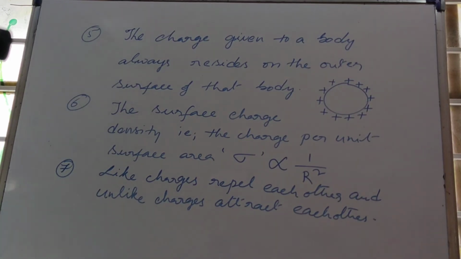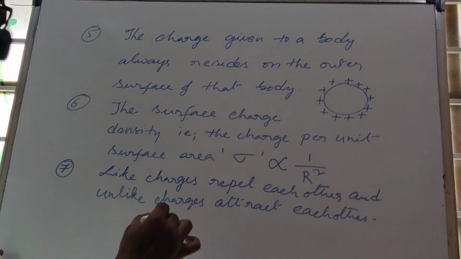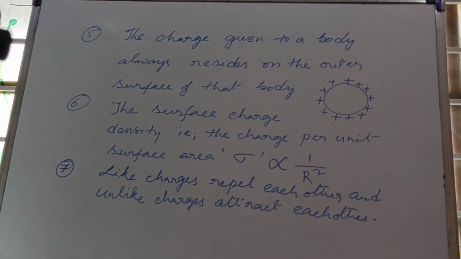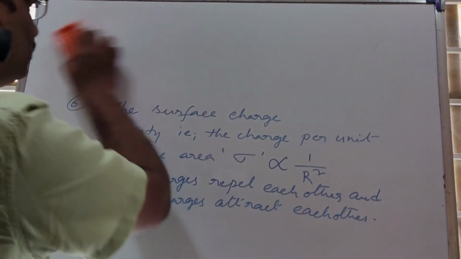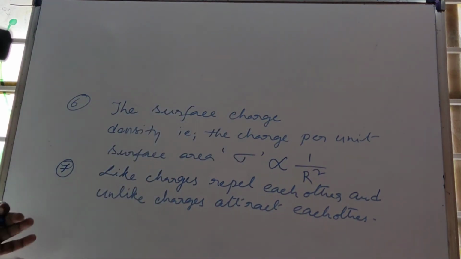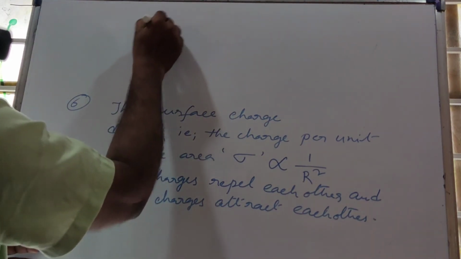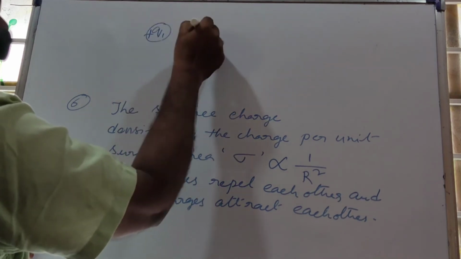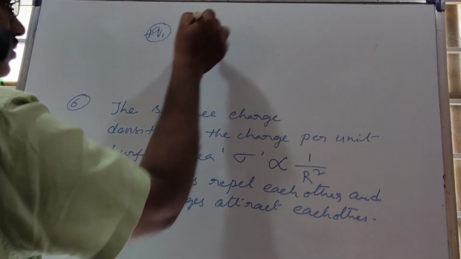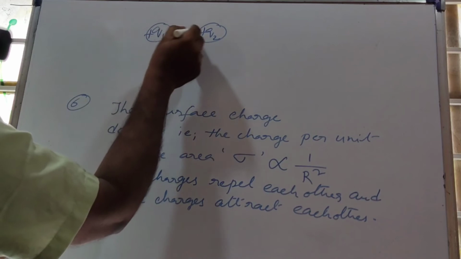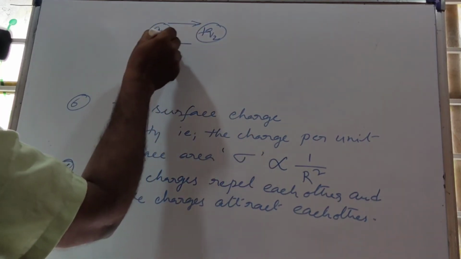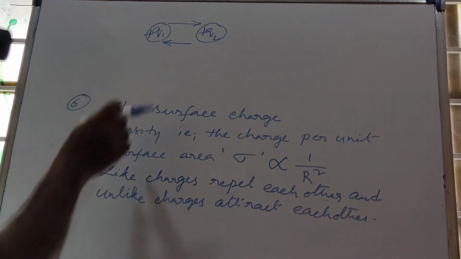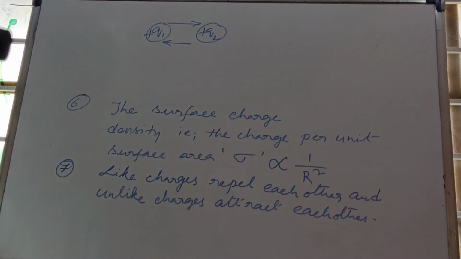Okay, that means if we have taken two charges, plus q1 and plus q2, this plus q1 repels this one in this direction, and this plus q2 repels this one in this direction, because these two are like charges.